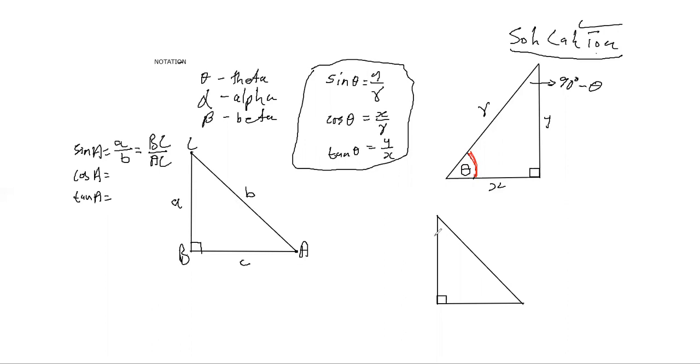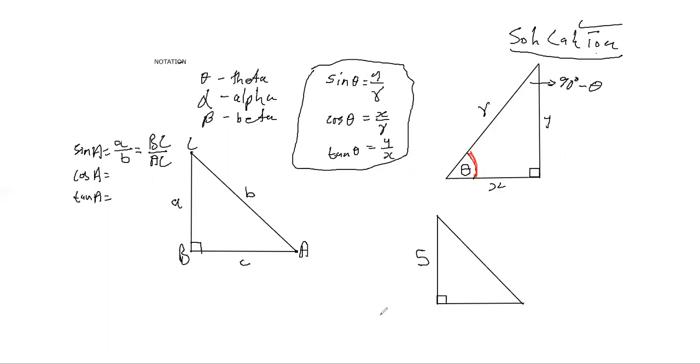Now, the key thing in this video is to introduce you to trigonometric equations. So I'm going to set up a triangle here and see if you can follow with me. Suppose I measure the length of this side and I say, well, this length is 5.